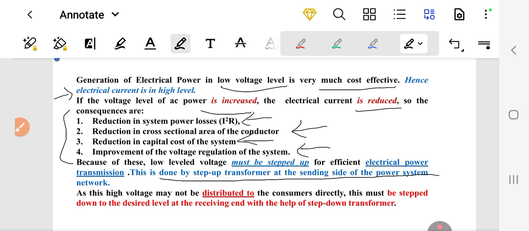As this is high voltage for transmission, we cannot distribute it to consumers directly. We must step down the voltage level to a desired level at the receiving end, at the beginning of cities, and this is done with the help of step-down transformers.